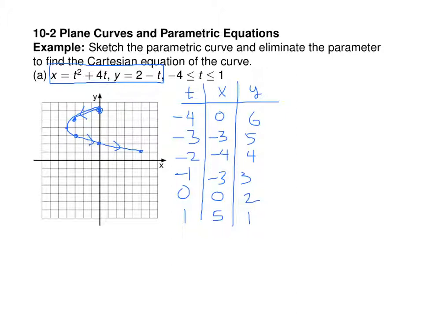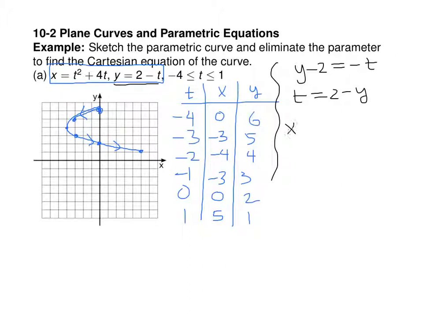Now we can also get a Cartesian equation of the curve by eliminating the parameter. In this case, it's easiest to solve the second equation for t. So we'll have y minus 2 equals -t, or t equals 2 minus y.